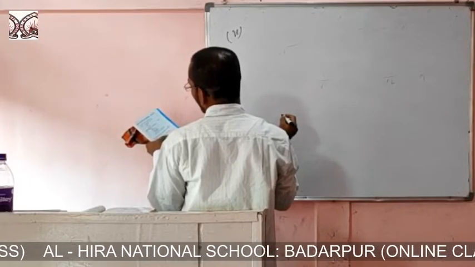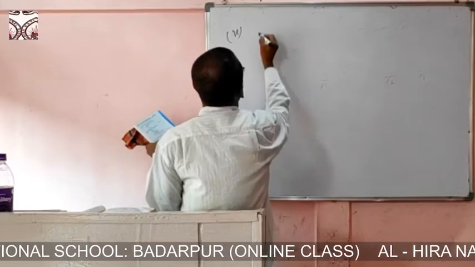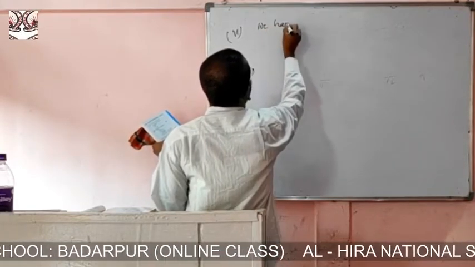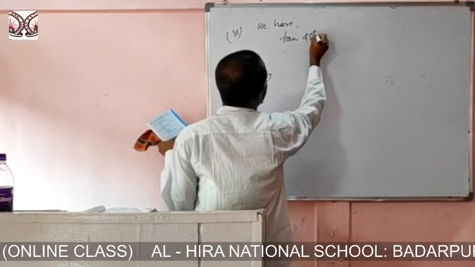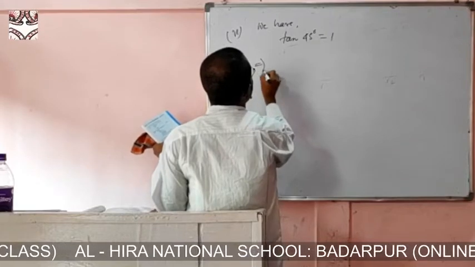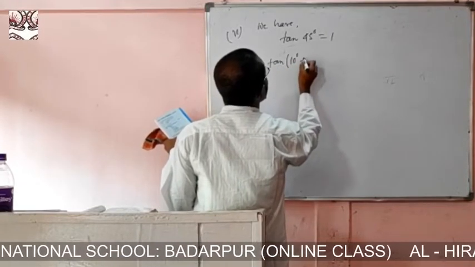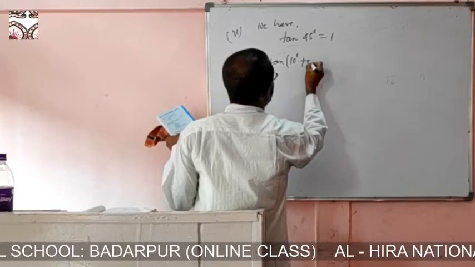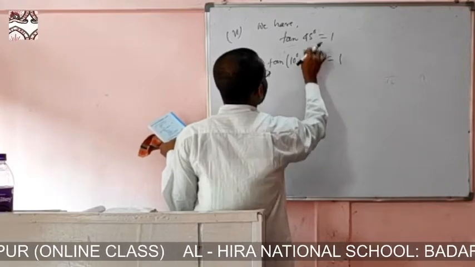From the right hand side we have tan 45 is equal to 1, and tan 45 we can write tan of 10 plus 35 is equal to 1. 10 plus 35 is 45.